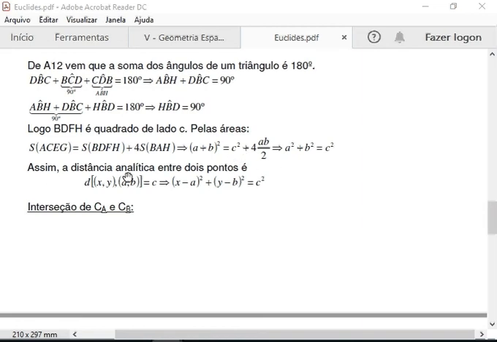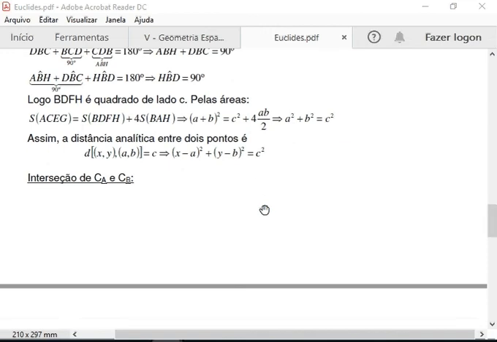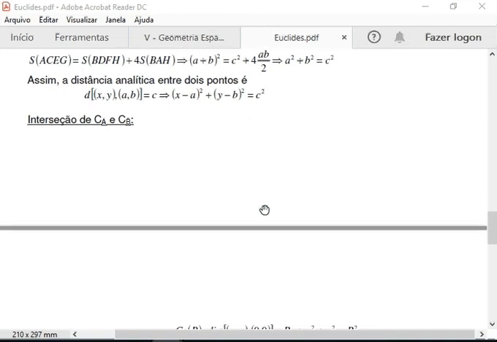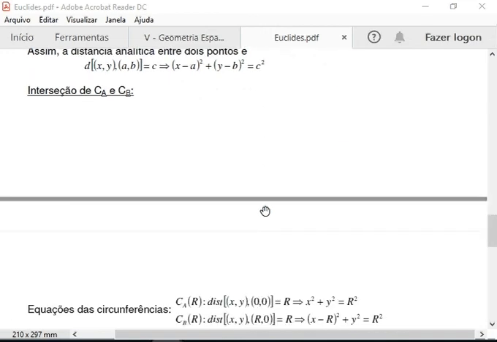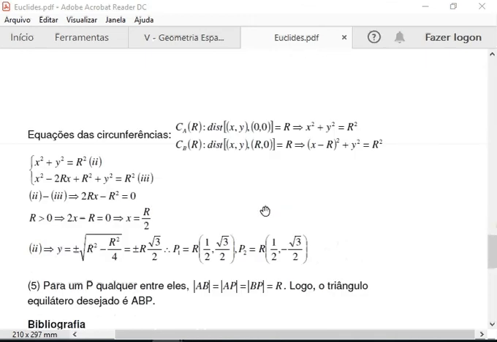Therefore, the distance in analytical geometry between 2 points (x, y) and (a, b) is equal to c if and only if (x minus a) squared plus (y minus b) squared is equal to c squared. Now we have two circles, C_A and C_B. The equation of C_A is x squared plus y squared equals r squared.